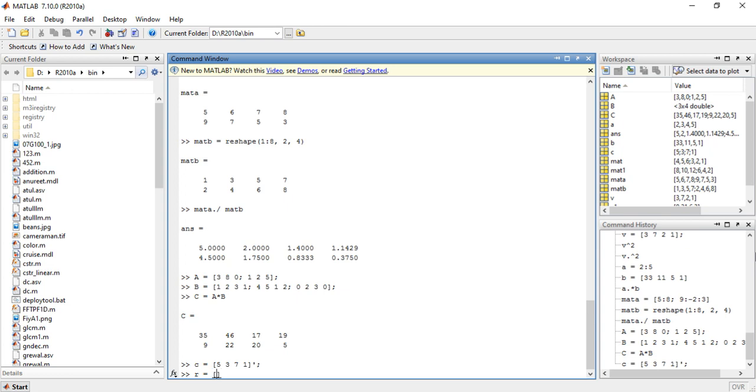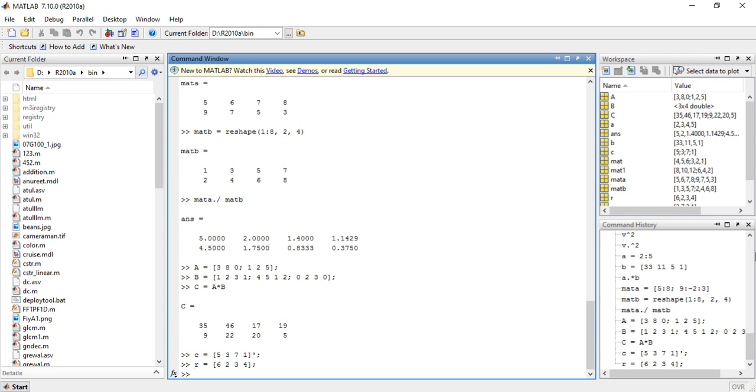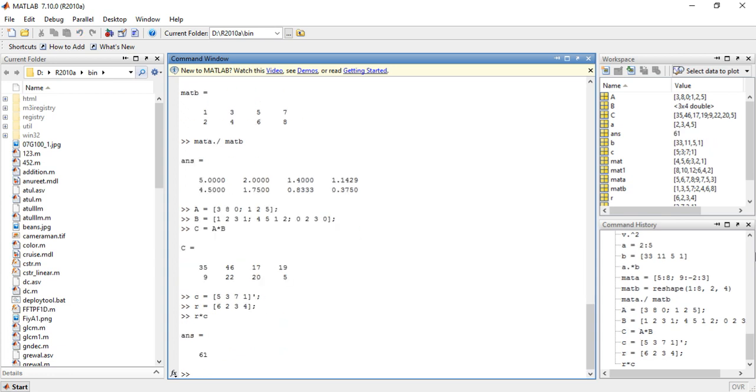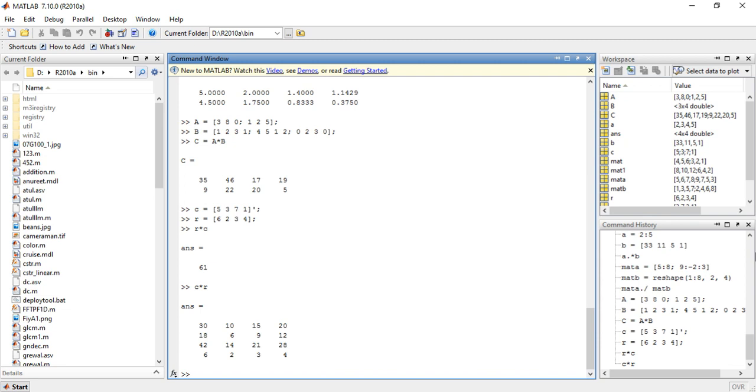Now I am creating a row vector R equals 6, 2, 3, 4. So this is the row vector. Now we are going to multiply using the star sign, R star C. This will give you the resultant 61. And if I use C star R, this will give you a matrix.